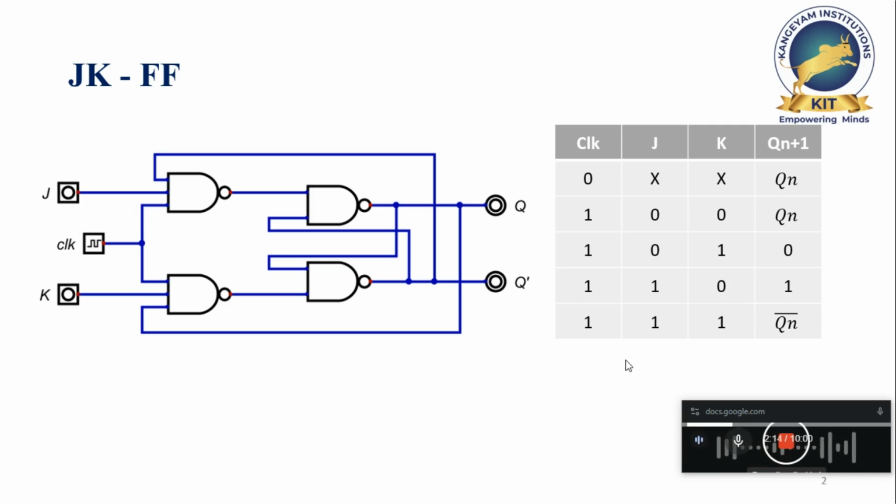Either clock can be 0, or J can be 0, or K can be 0. Until that condition, the output becomes continuously pulsating, that means 0 1 0 1 0 1, like that it will change. So this condition we call a race around condition. I will show you how it is working also.